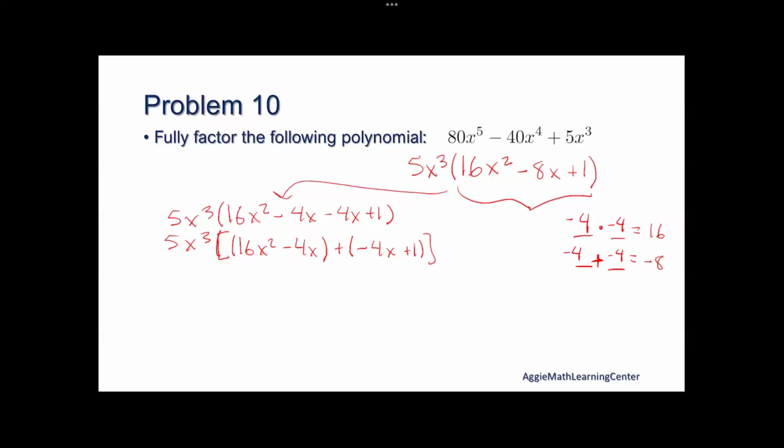Okay, is there anything that we can pull out of this term? Yep, yeah, -4 and an x. And we could pull out a -4. I think I'm gonna pull out just a 4 so that first term can stay positive. So we're gonna pull out a 4x. I think either way should work though.